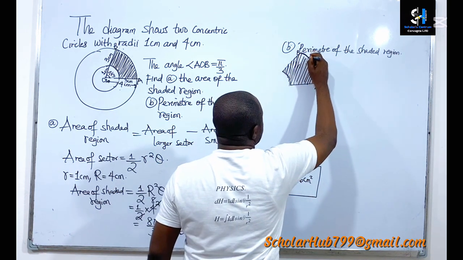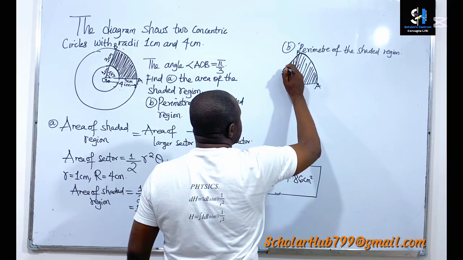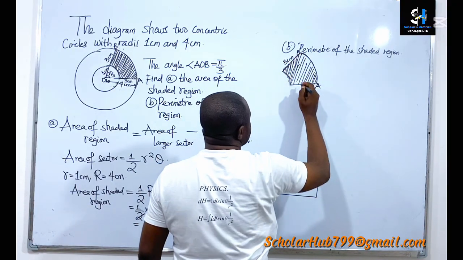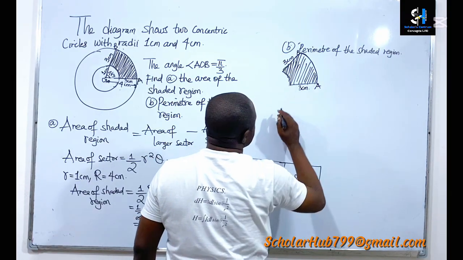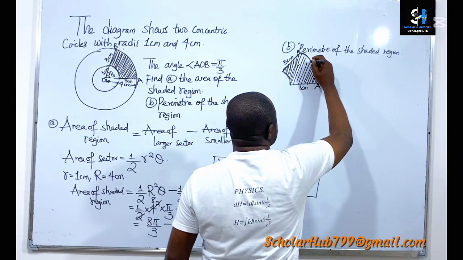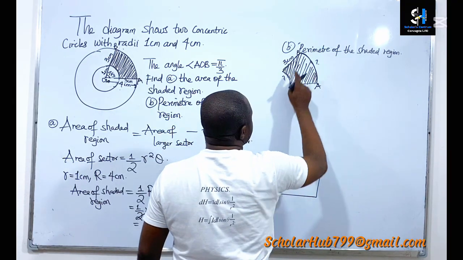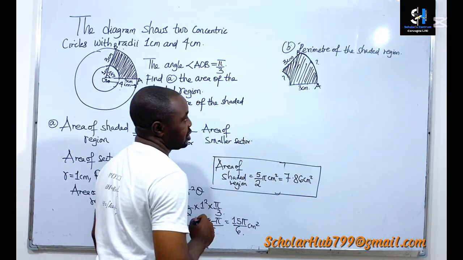This is the larger arc. The length of this side will be 3 centimeters, then this also will be 3 centimeters. Now we need the length of this arc plus 3 centimeters plus 3 centimeters.